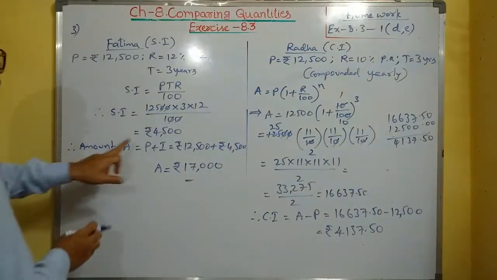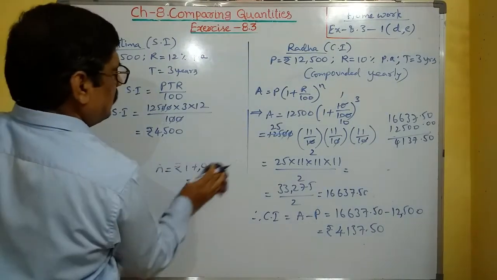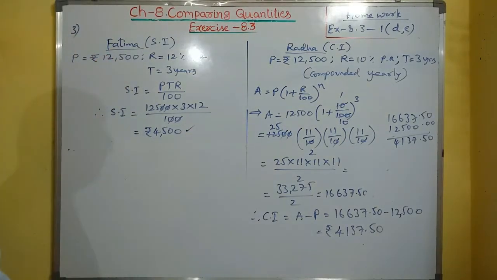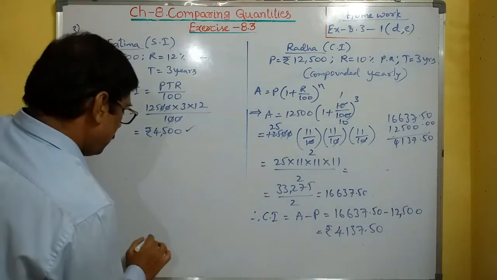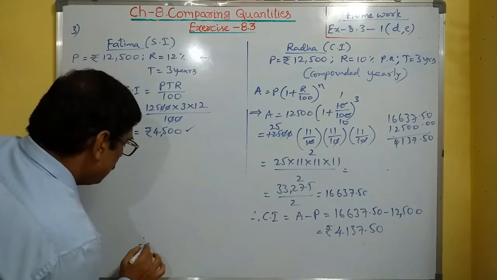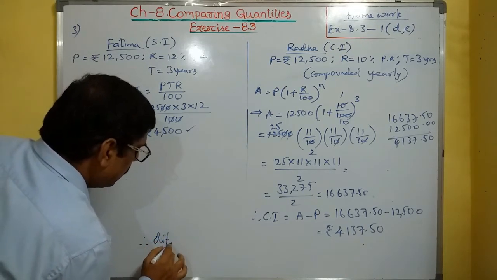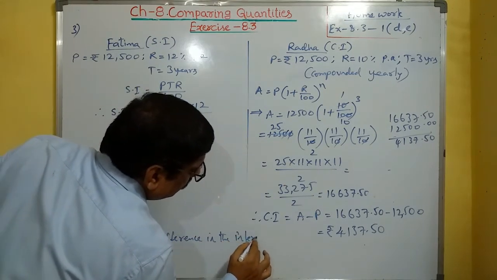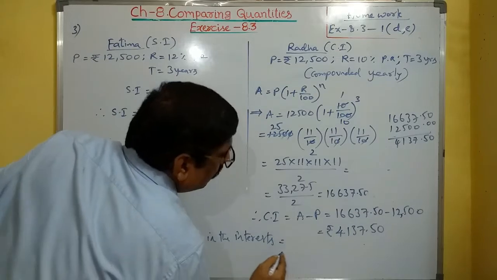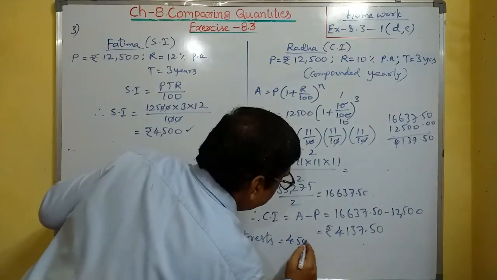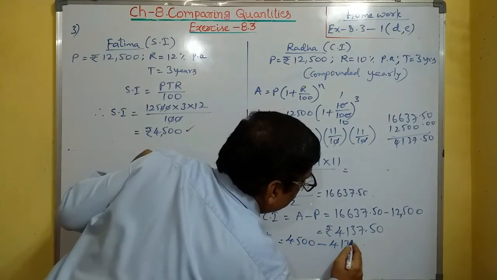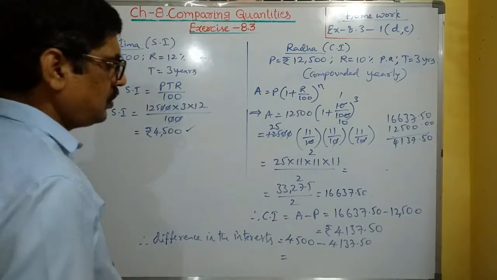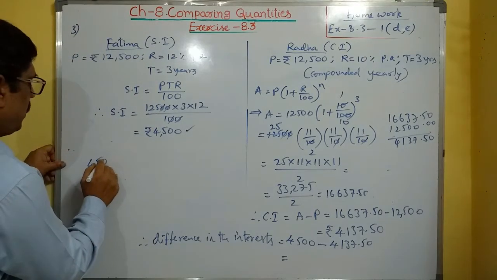And what is the interest to be paid by Fatima? Here the amount is not necessary. Therefore 4,500. Therefore the difference in the interests is equal to 4,500 minus 4,137 rupees 50 paise.